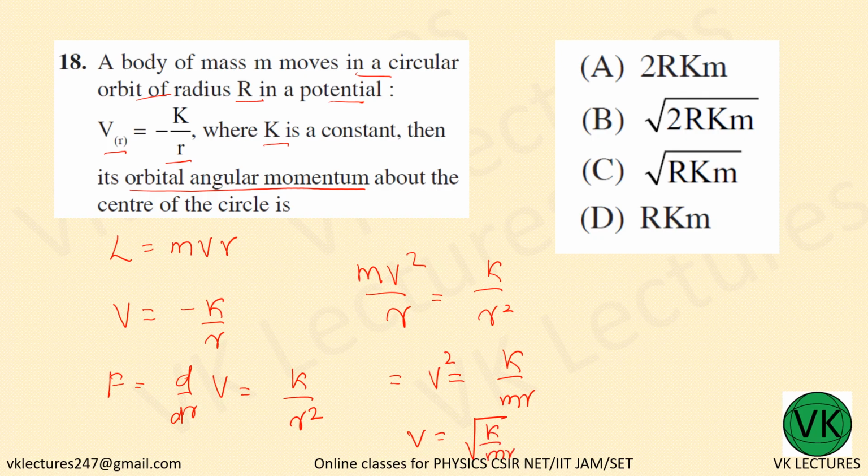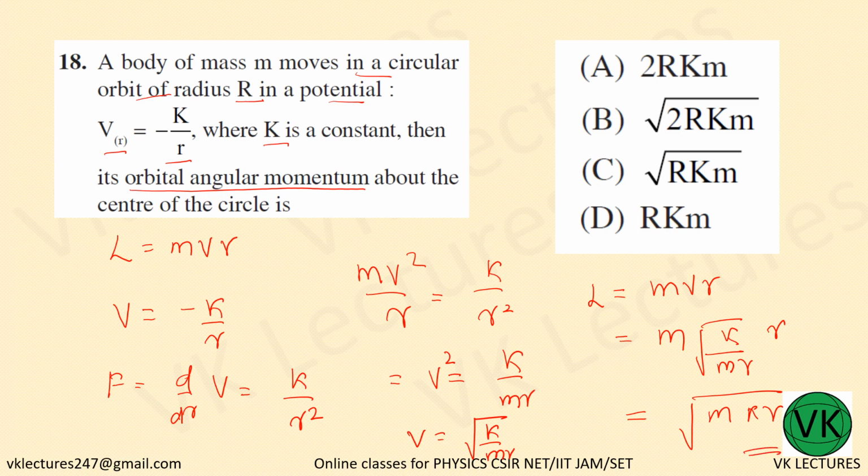We want L equal to mv into r. Just substitute this v here: m into under root k divided by mr, into r. So what you get is under root mkr. Alright, so your option C.